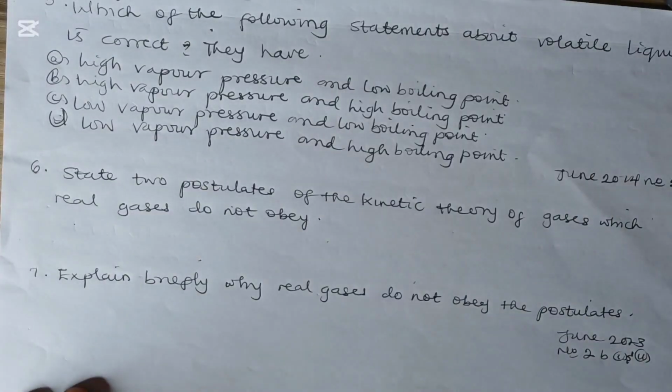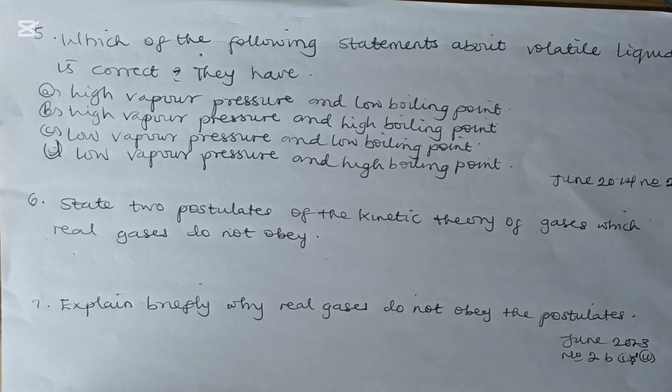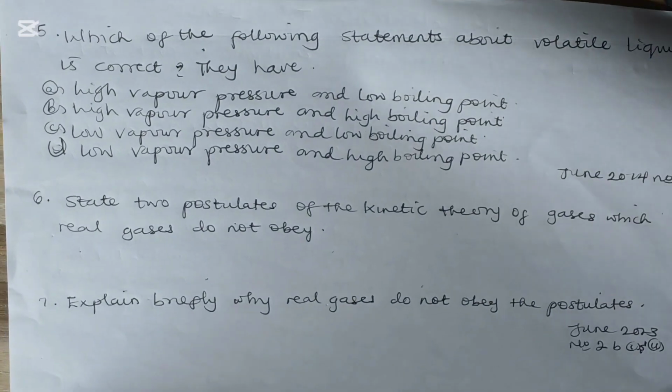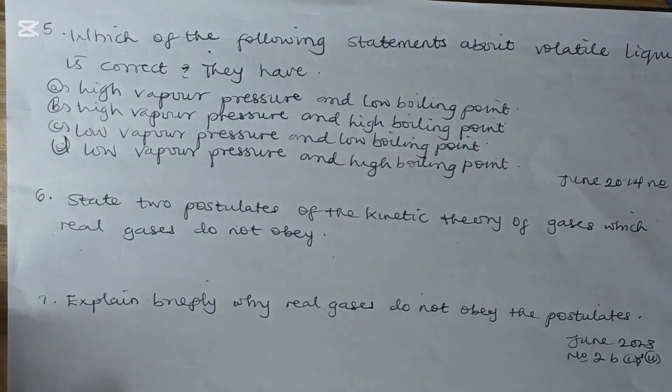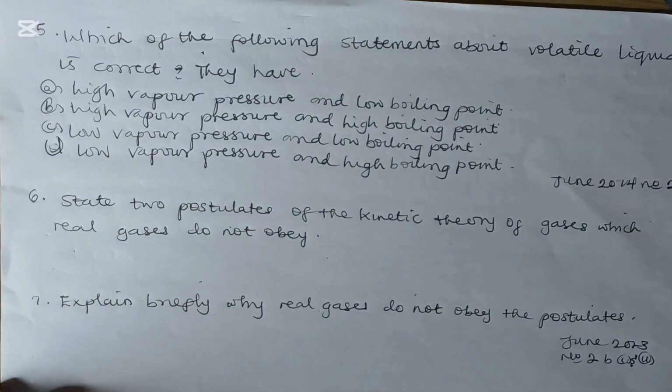Then question 5: which of the following statements about volatile liquid is true? Volatile liquids are liquids that evaporate or escape into the atmosphere. They vaporize easily. I'm going to give you some instances. Assuming you have petrol, oil and kerosene, which one is more volatile? Petrol is more volatile.